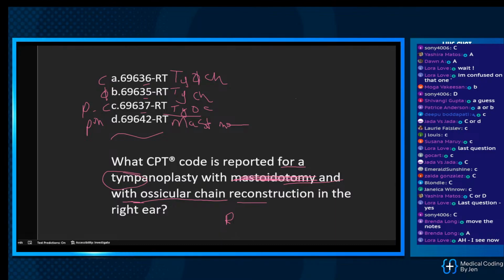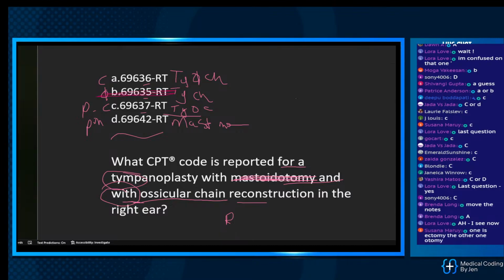So just knowing with or without this, that eliminates this one. And then no prosthetic eliminates this one.